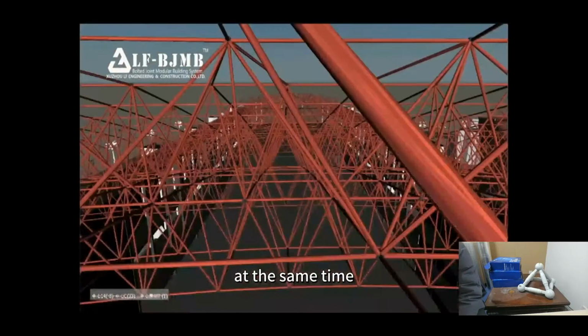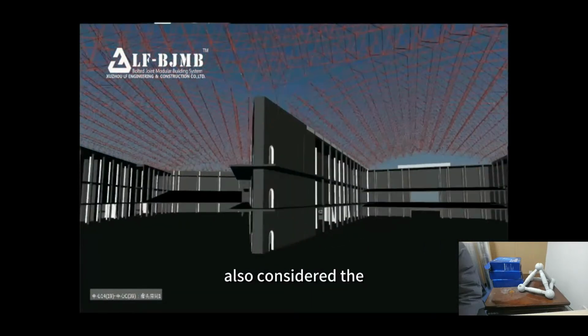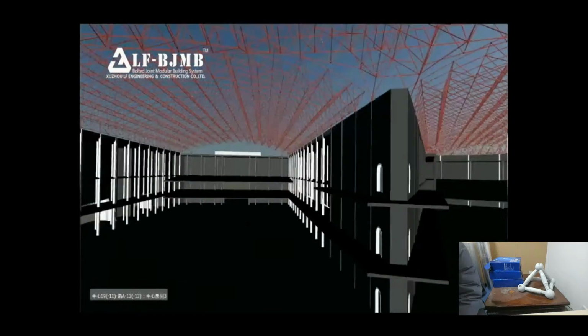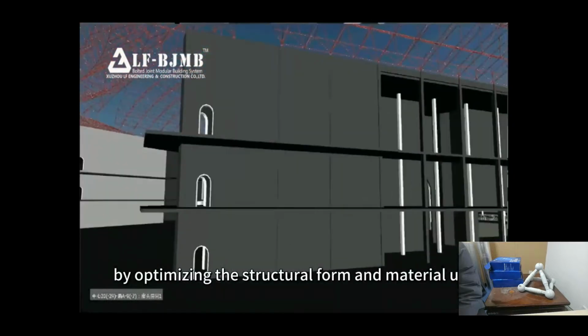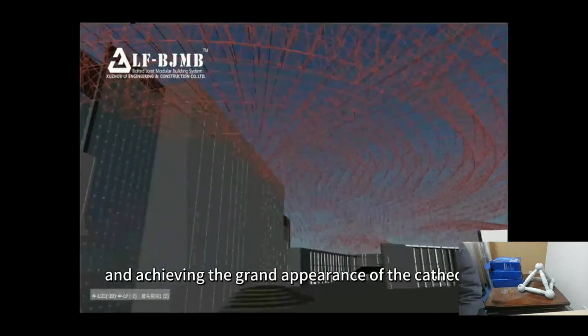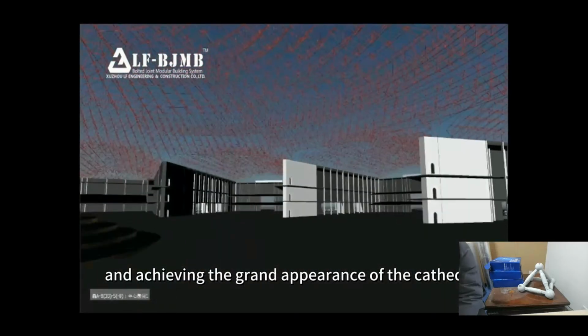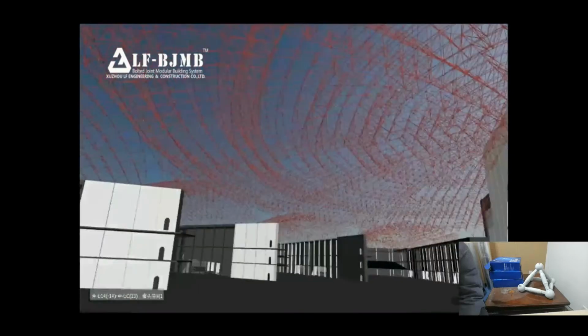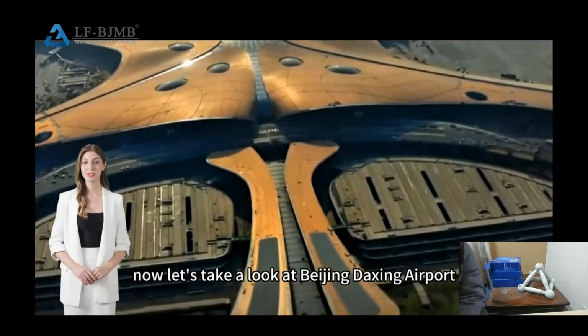At the same time, the designers also considered the economy and aesthetics of the structure by optimizing the structural form and material use, reducing the construction cost, and achieving the grand appearance of the cathedral and the comfort of the interior space. Now let's take a look at Beijing Daxing Airport.